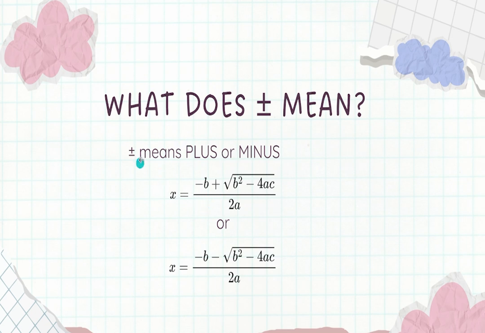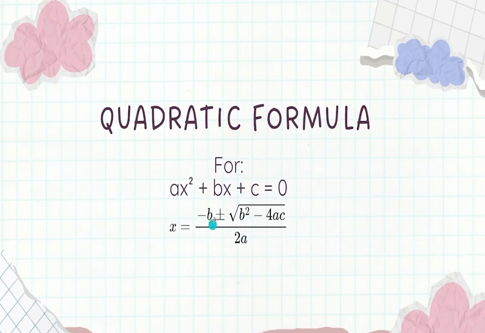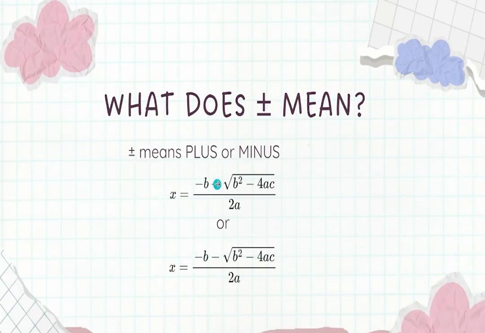For example, x is equal to minus b plus root b square minus 4ac by 2a, or x is equal to minus b minus root of b square minus 4ac by 2a. The plus or minus actually just means that it's plus and minus. Okay, plus or minus.